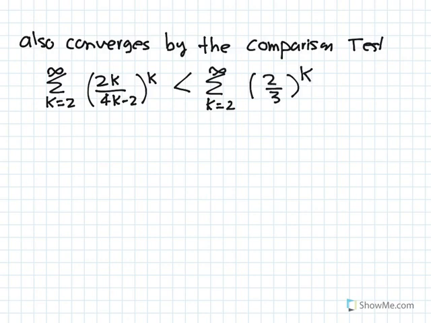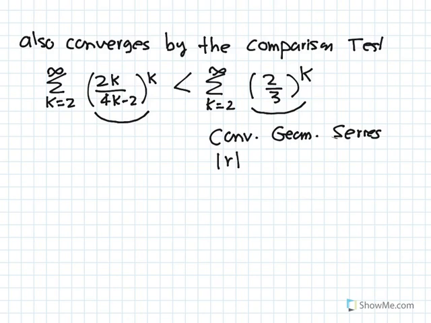Every term of our given series is less than every term of the comparison geometric series, which is a convergent geometric series because the common ratio r, equal to 2/3, is less than 1.